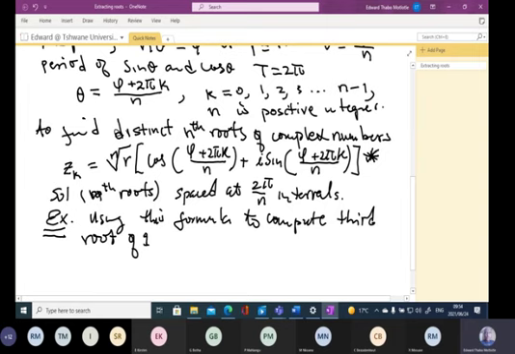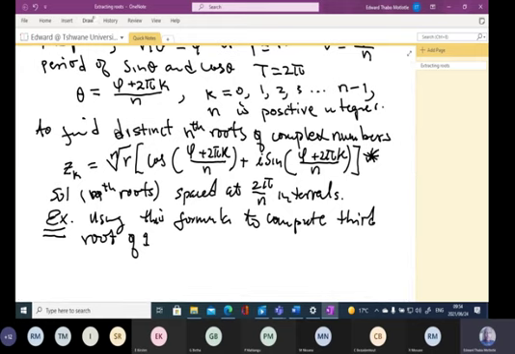Okay. Now the first thing that you're going to do here, you have to calculate R, calculate theta, and then write 1 as a complex number and substitute into the formula and determine Z0, Z1, and Z2.